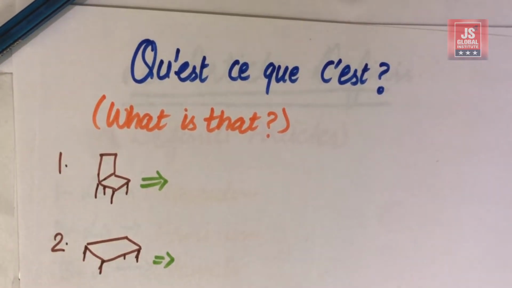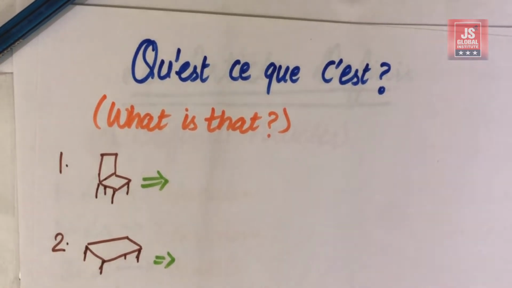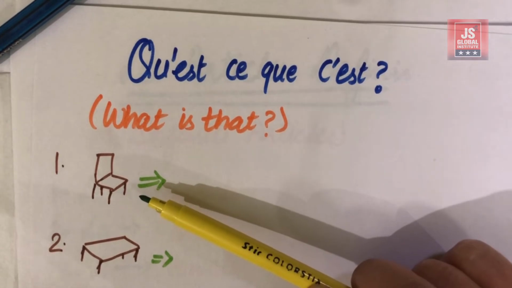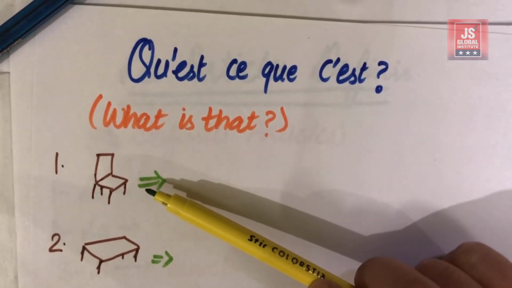Alright, so the topic is qu'est-ce que c'est, which means what is that in English. For example, if there is some object placed and I point it out and say, what is that? You will say, ma'am, this is a chair, right?